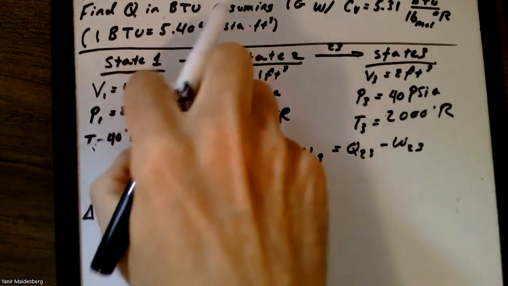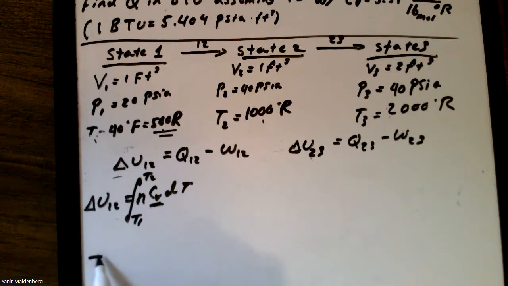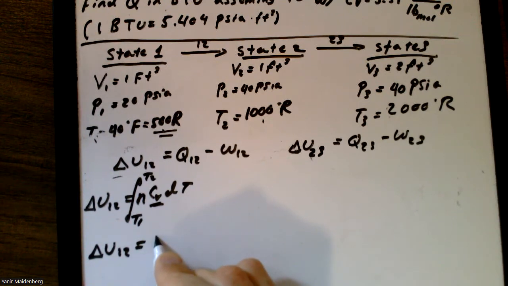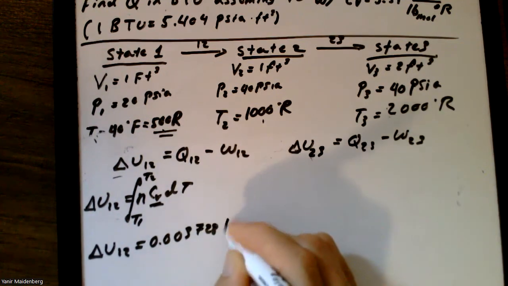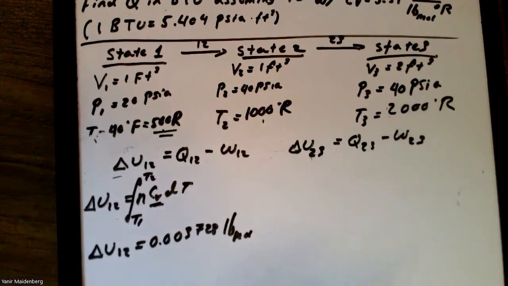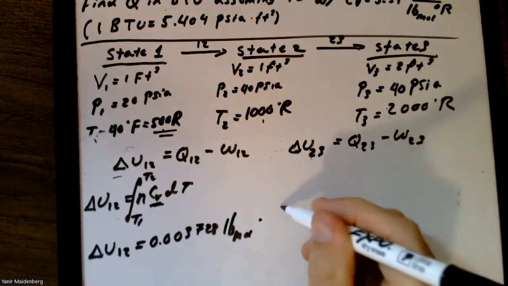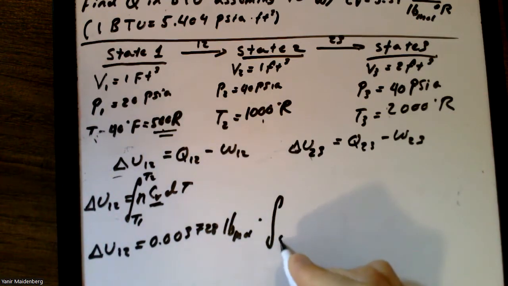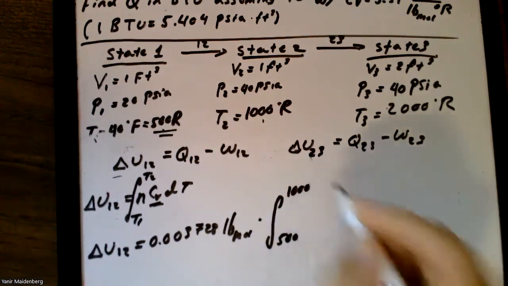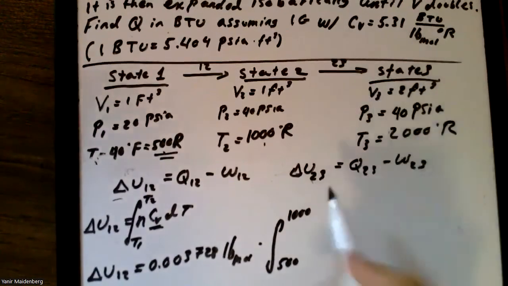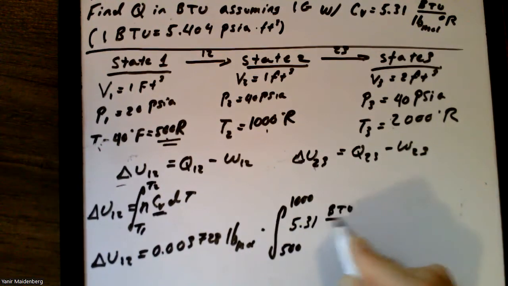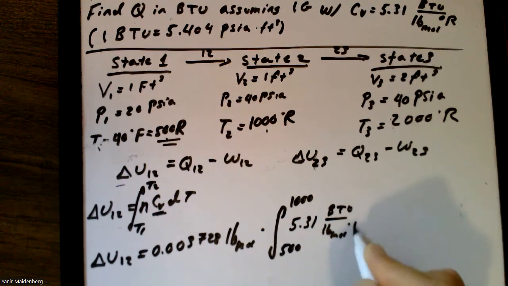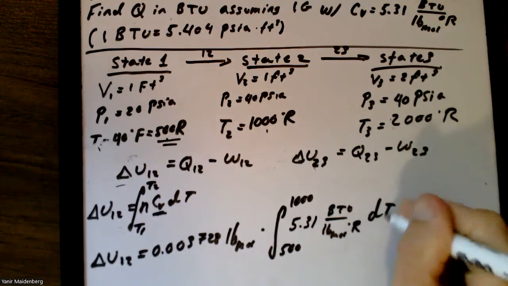So that means that for this transition from state 1 to state 2, delta U 1,2 is going to be 0.003728 pound moles times, I took the N out of the integral, the integral from 500 to 1,000 of CV, which is 5.31 BTU per pound mole degree Rankine, dT.